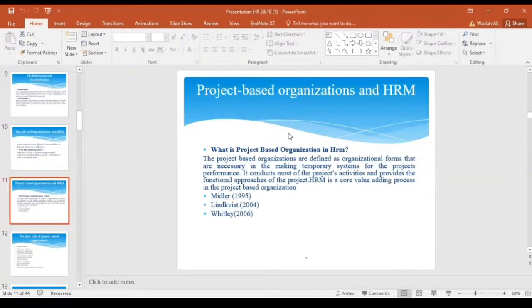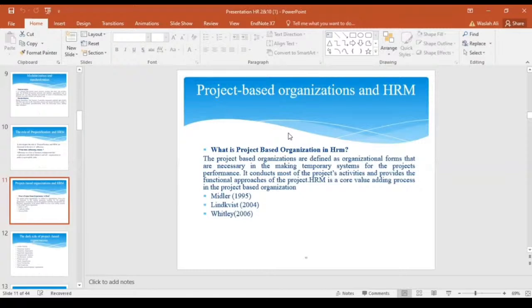In this book, the project-based organization investigation is explained with references to various existing literature. There are many analyses, like Midler in 1995, who investigated the projectification and human resource management of the French automotive maker Renault, and its evolution into a project-based organization structure.